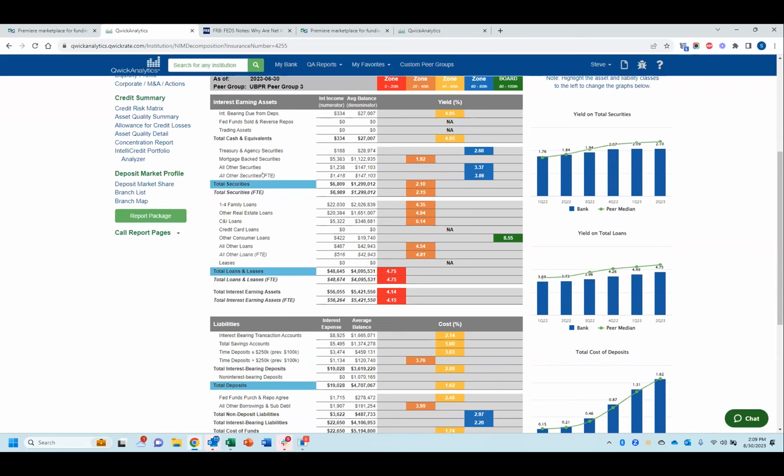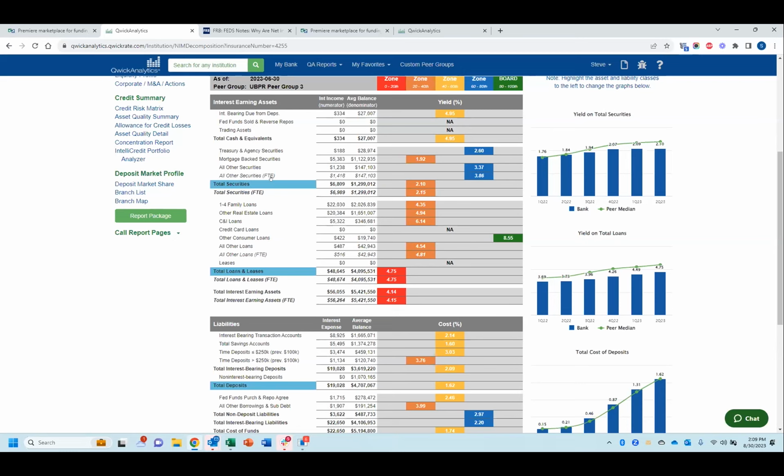We show fully tax equivalent basis options as well. So if you have any securities that are tax-free at state level or wherever, we have the FTE adjustment, and that FTE or fully tax equivalent adjustment, we're not doing that calculation. As you know, that can be a somewhat challenging calculation to do. We thought we would rely on the work and the methodology that the FDIC provides in the UBPR reports.